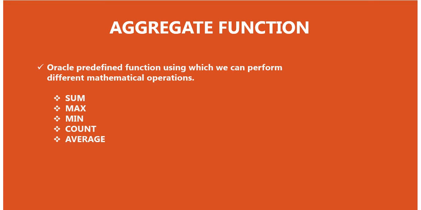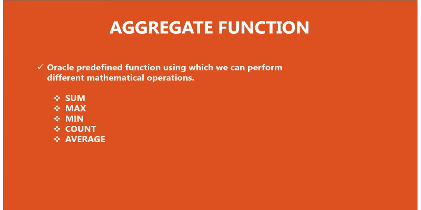Today we are going to discuss the aggregate function. The mathematical aggregation can be performed in an Oracle database on the dataset present in a table. Oracle has some predefined or inbuilt functions using which we can perform different mathematical operations.